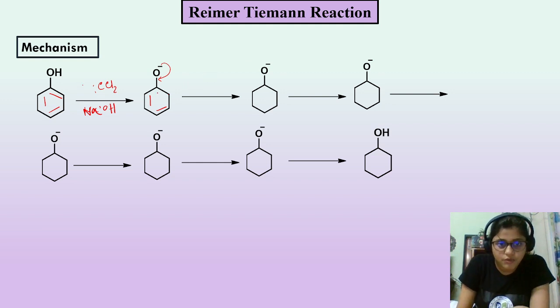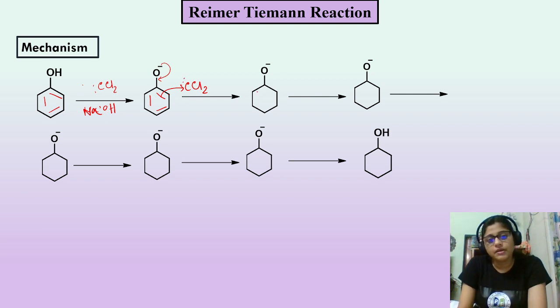So here a double bond is there, so it will now attack this carbene. After the attack, what will happen here? One hydrogen is present already, 1, 2, 3, 4 hydrogens, right? And one CCl2.